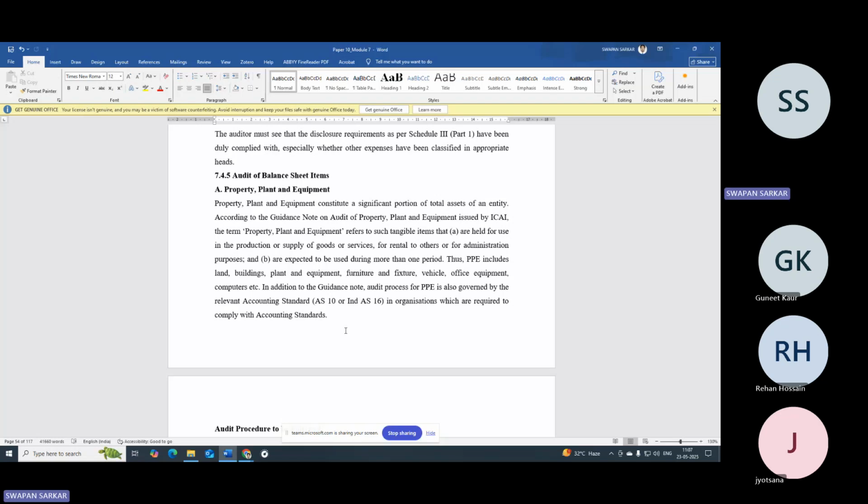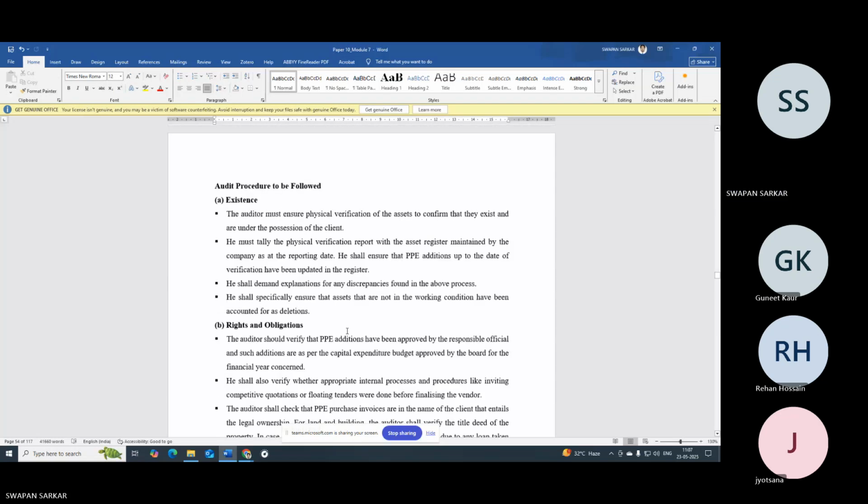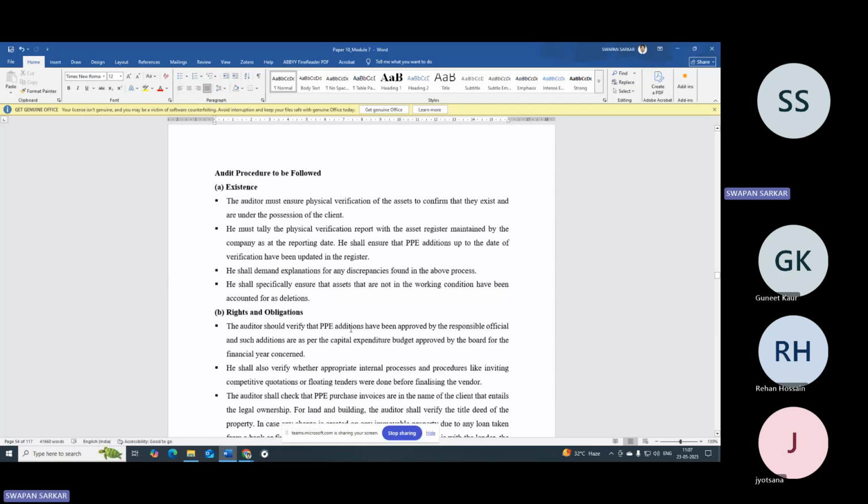There is AS 10, or Ind AS 16 in organizations which are required to comply with Ind AS. Now, the audit procedure: here the procedure will be a bit different from what we have considered in case of the P&L statement.